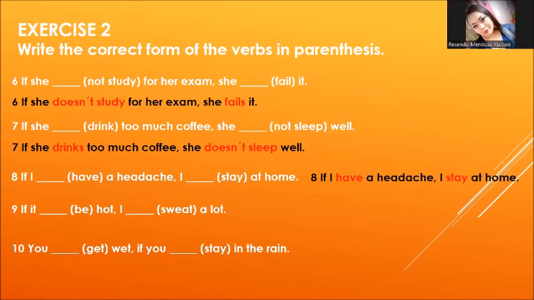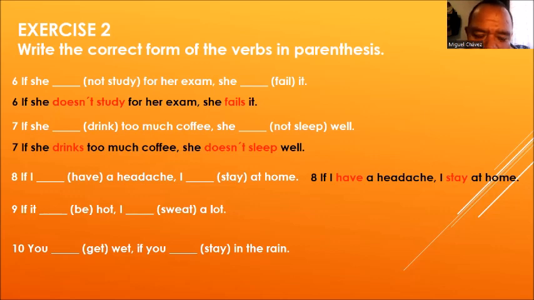No, number 9, Shadani. If it be hot, I sweat a lot. Sweat a lot, it's okay. But remember that for the verb be, we have am, is, are. In this case, what do you use?